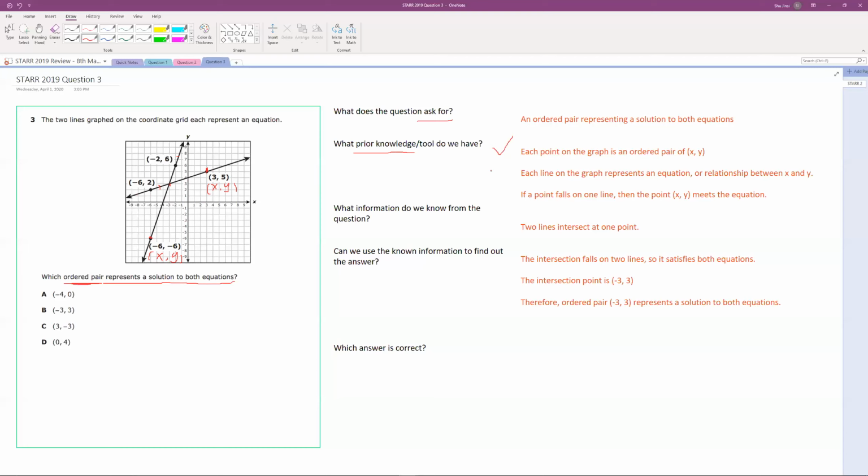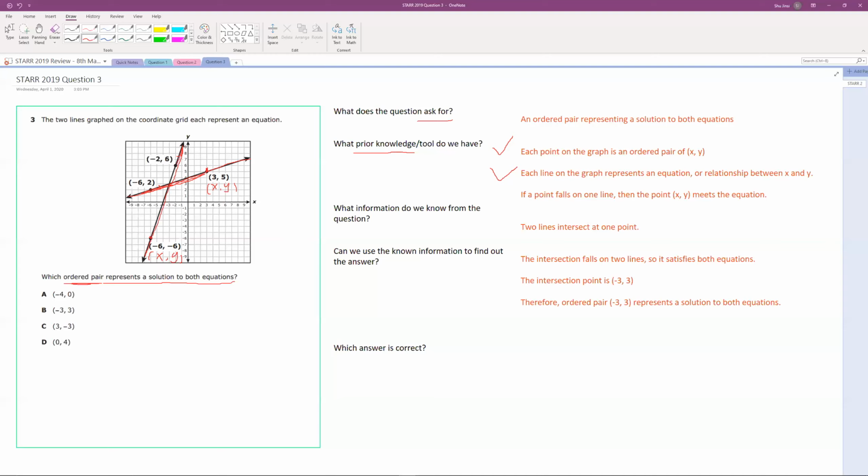Next, we have to understand that each line on the graph represents an equation or relationship between x and y. Say for this line, it represents an equation, and this line represents another equation, right?